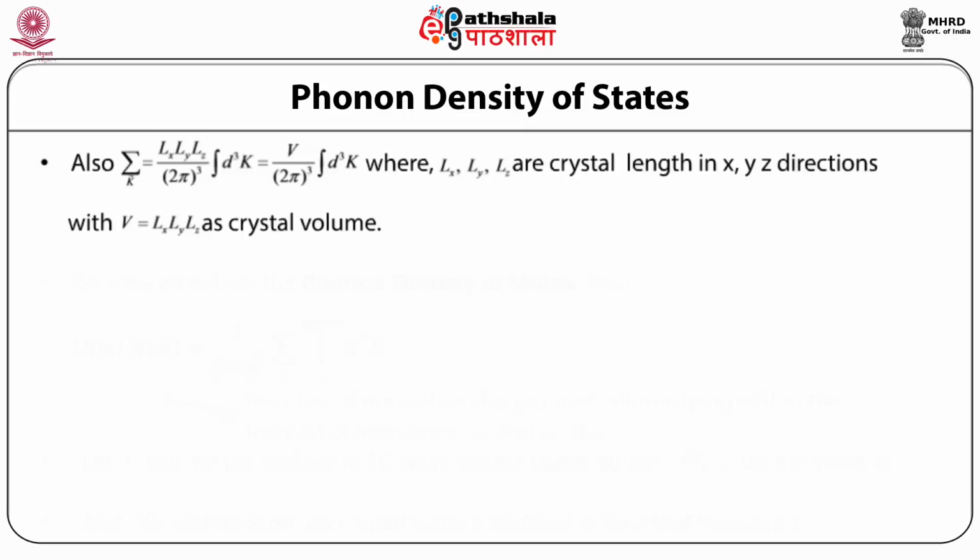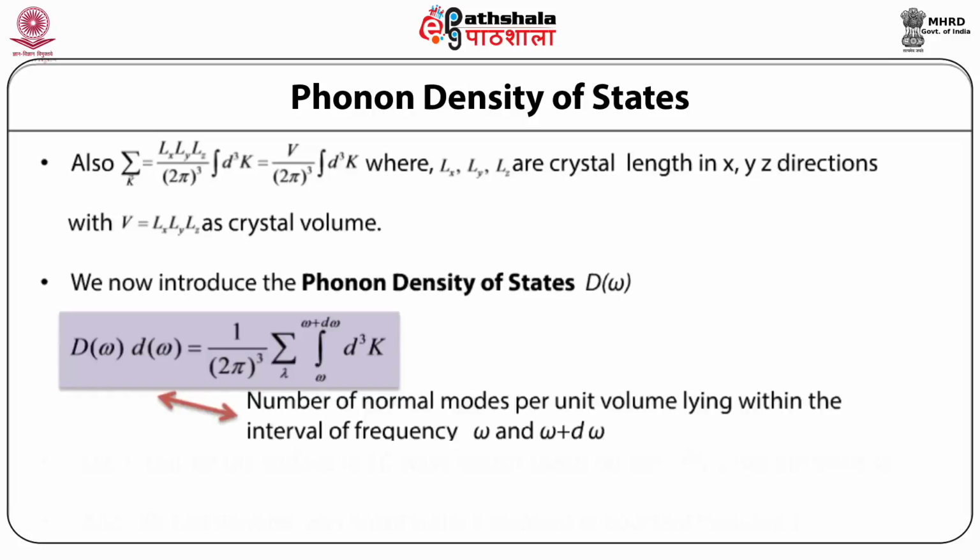So we now introduce the phonon density of states D(omega), and D(omega) d omega is defined as the number of normal modes per unit volume lying within the interval of frequency omega and omega plus d omega, and is given by this: D(omega) d omega is equal to 1 by 2 pi cube summation over lambda into integral from limits omega to omega plus d omega of d cube k.